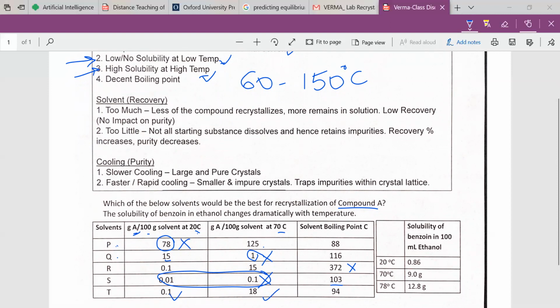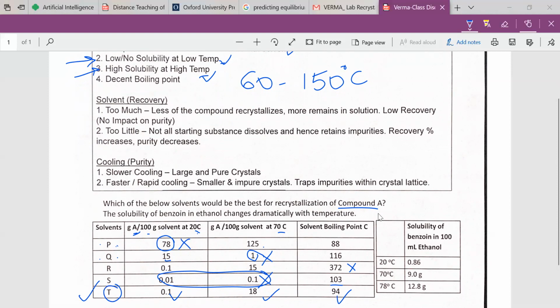Looking at the boiling point, it is also a good boiling point. So among the choices that we have been given, T is the best solvent for recrystallization of compound A.